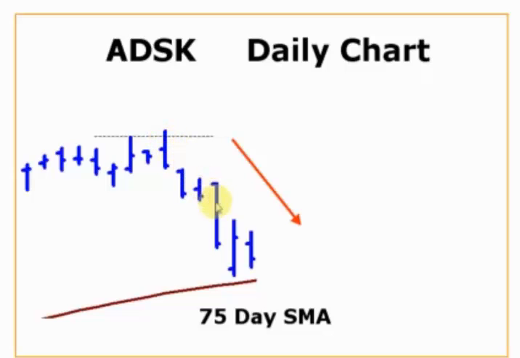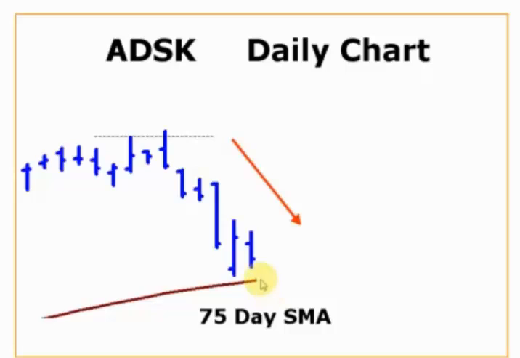Then we look for a pullback. Now each one of the 6 setups in the software follows kind of this basic formula, but there's lots of variations, which is why there's 6 different ones. But we're going to just cover the basic concepts here. So we look for a pivot high on a strongly trending stock. We want to see several days of pullback.